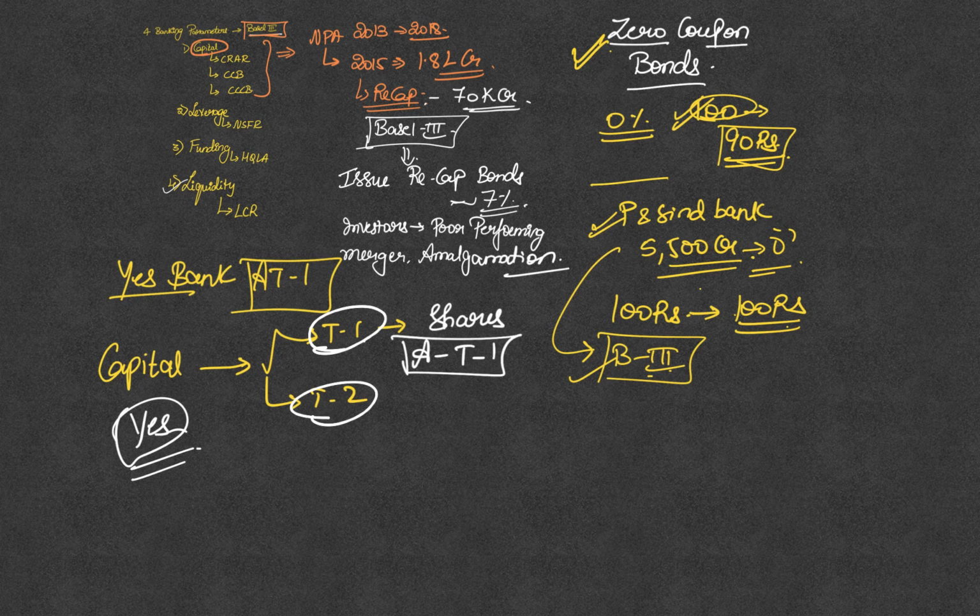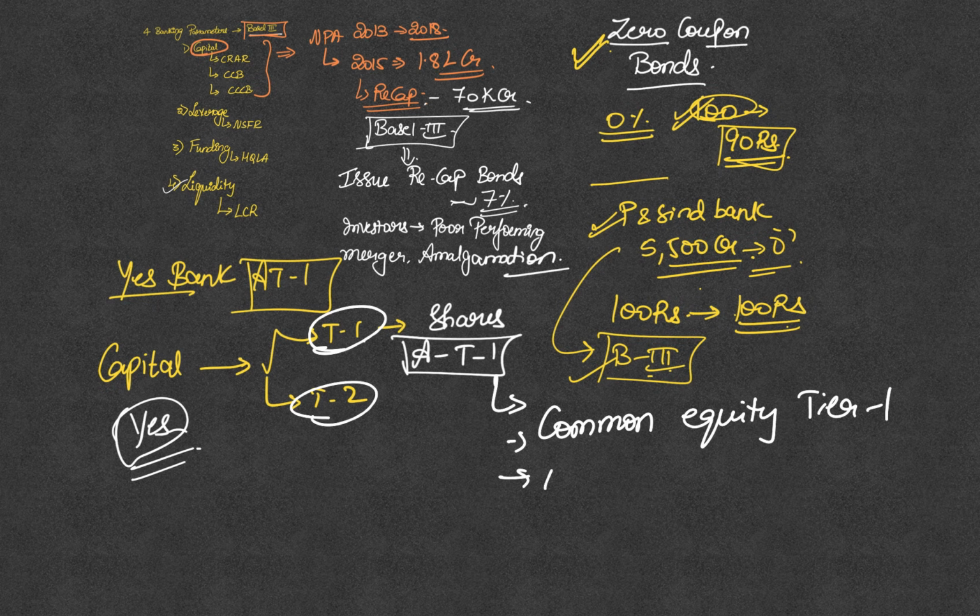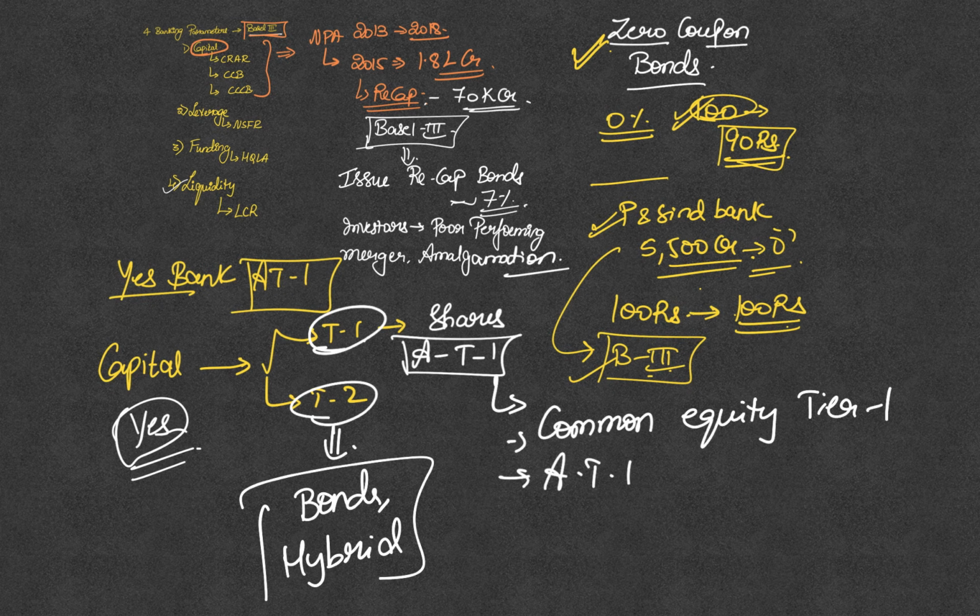Now tier 1 capital is actually the ordinary shares, or it is also called the common equity tier 1. And apart from this, you also have the additional tier 1 bonds. When you're talking about the tier 2 capital, it is basically bonds or any hybrid instruments. It is not important to get into the details. Now, why are we talking about this additional tier 1 bonds?